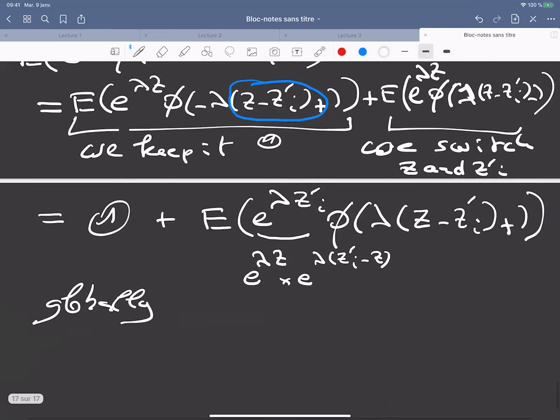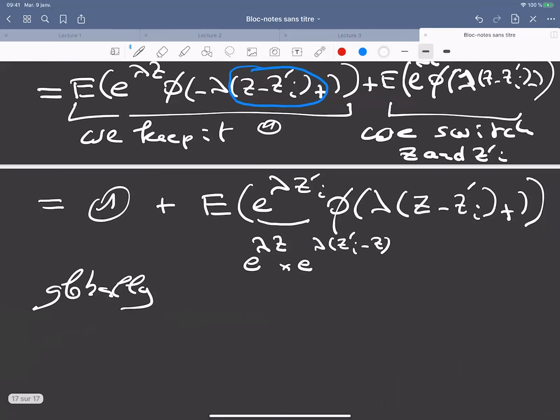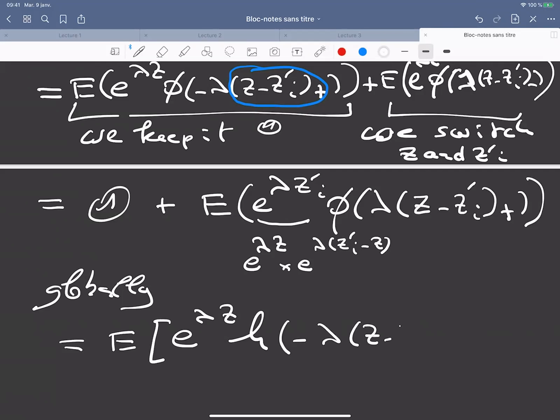So globally, you have a computation of these two terms here, which sounds like the expectation of exponential lambda z times some function h of minus lambda (z minus z prime I) positive part.